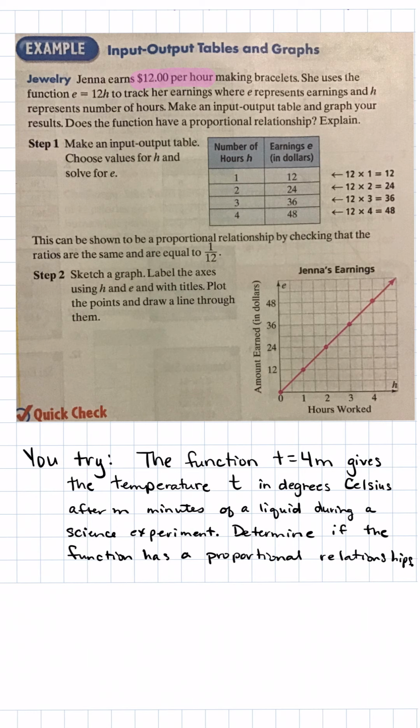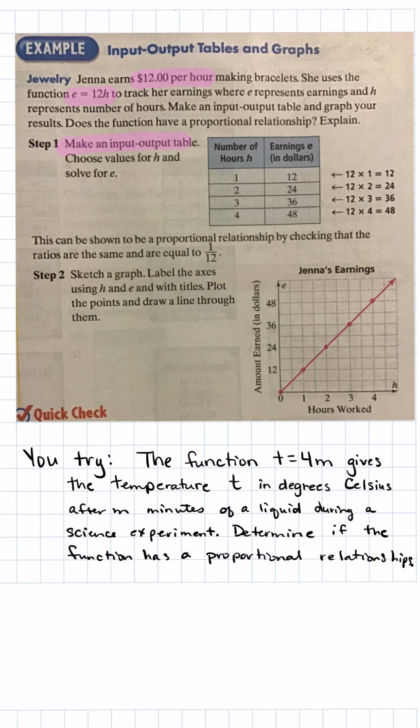She uses the function E equals 12H to track her earnings, where E represents earnings and H represents the number of hours. Make an input-output table and graph your results. Does the function have a proportional relationship? Explain. So the first step is to make an input-output table.